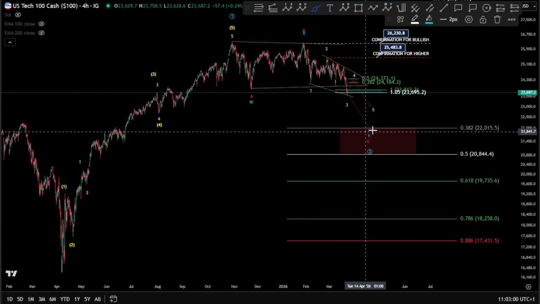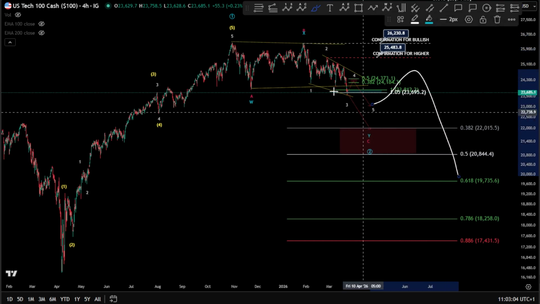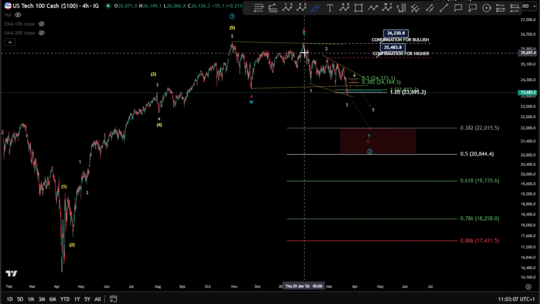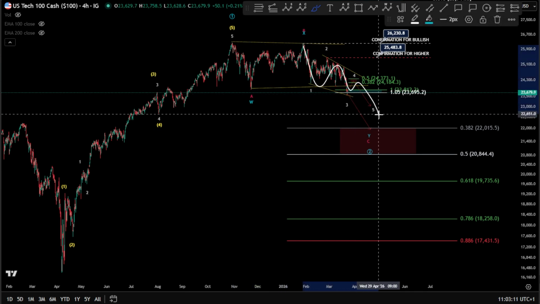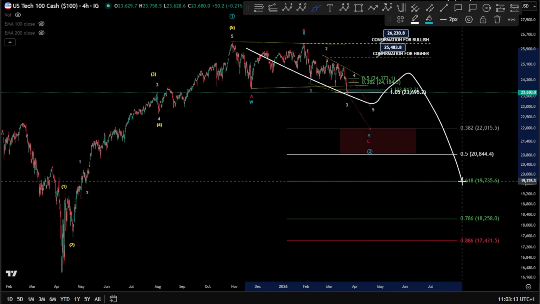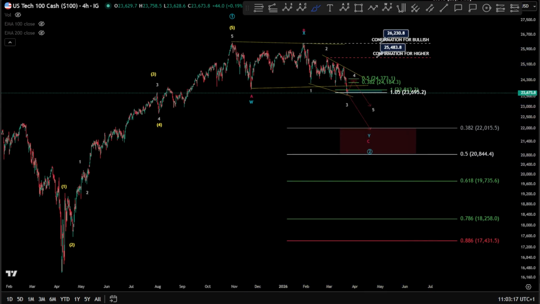Then we can start to think bullish from there. Now, be careful only in case we finish here a regular flat with an ending diagonal, meaning a wave A, B, and a C, and then push toward the upside, which might take more time in this case.